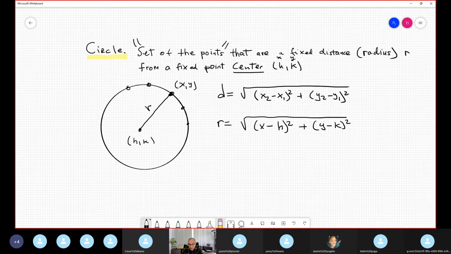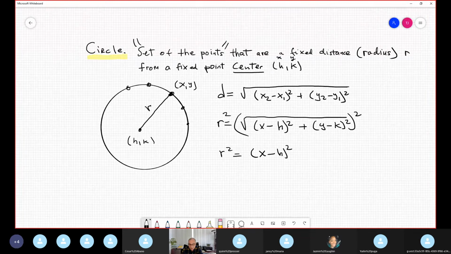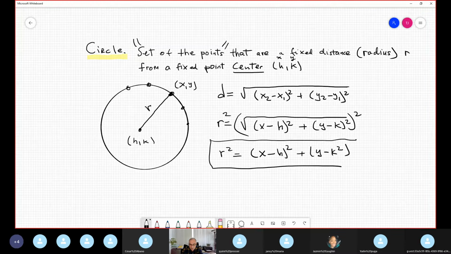Now, to make a little bit more elegant equation, you square both sides, and you have r squared is equal to (x minus h) squared plus (y minus k) squared. Wow, and this is the famous formula of the circle.